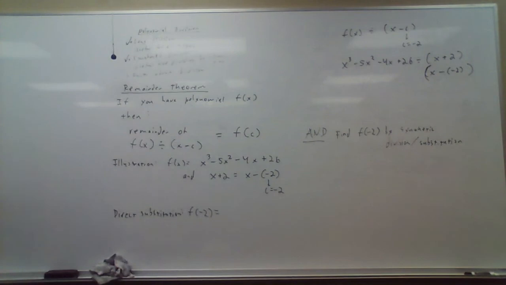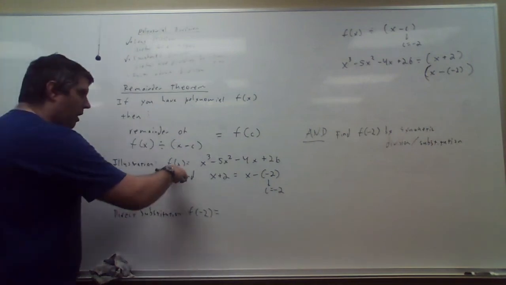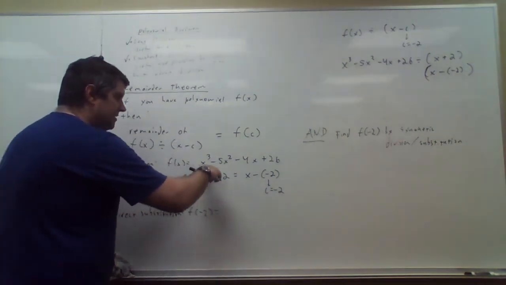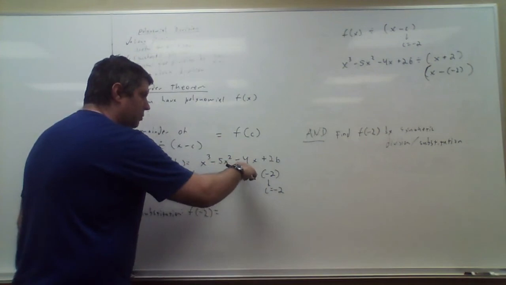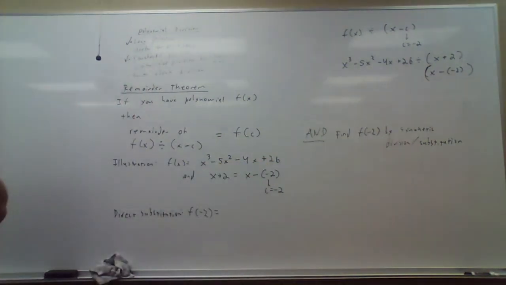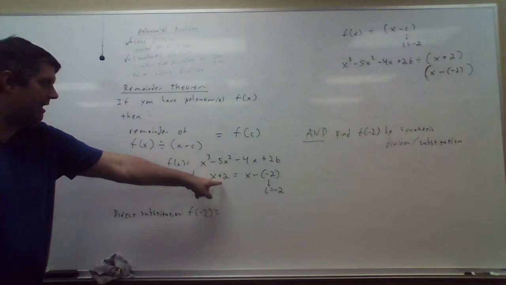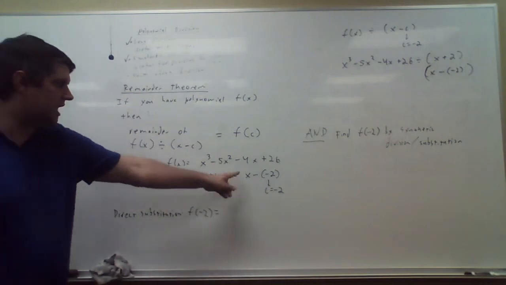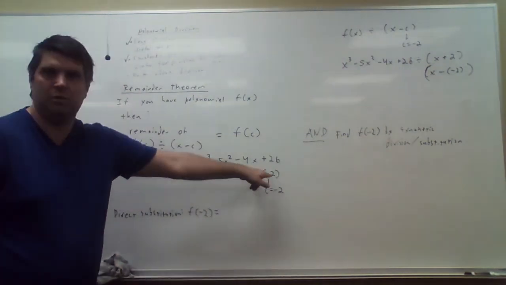So, for instance, we've got this polynomial function. f of x equals x cubed minus 5x squared minus 4x plus 26. Okay? And we have x plus 2, which is the same as x minus negative 2.